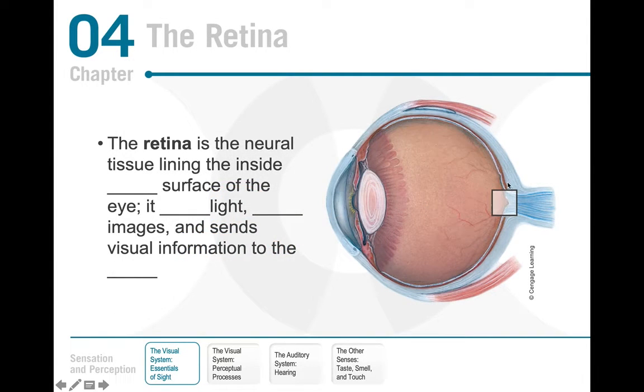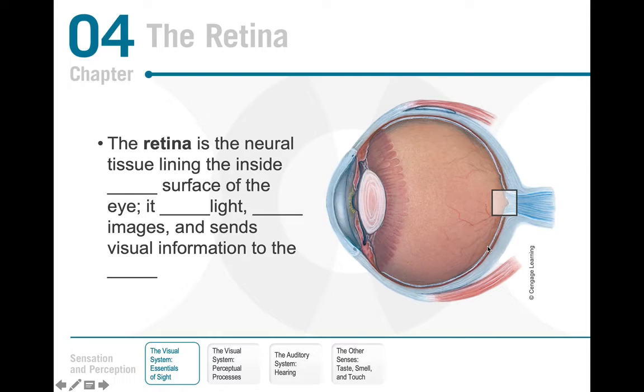Now, the retina is the neural tissue that lines the back surface of your eye. The retina absorbs light, processes images, and sends visual information to the brain. Back when I was an undergrad, I was told by my biopsychology professor that there's a great deal of processing that happens in your retina.